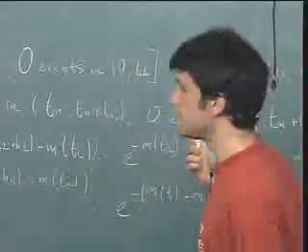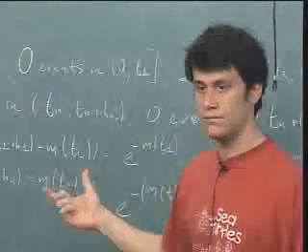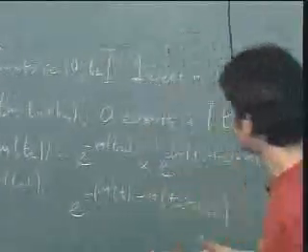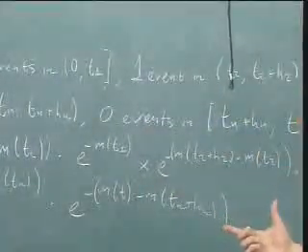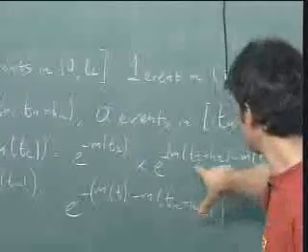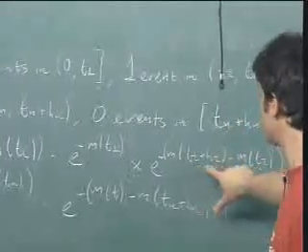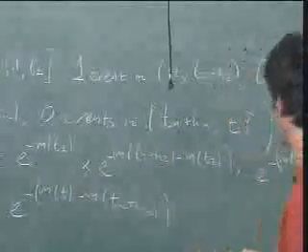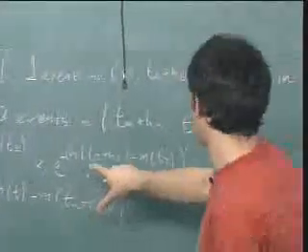And this probability is just e to the minus mt1. And now we do the same thing for the second event. But now the time window is different. It's t2 plus h2 and t2. And so we want exactly one event.